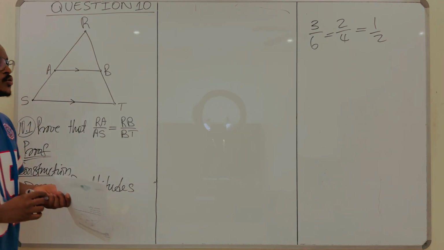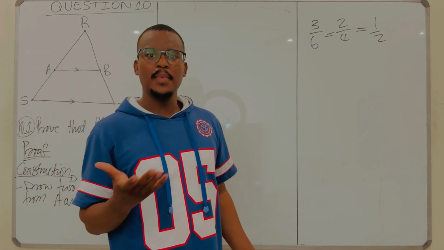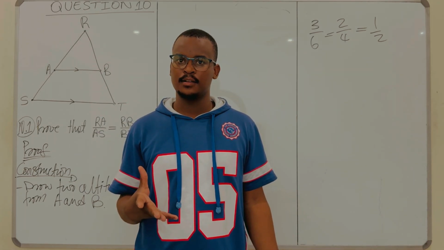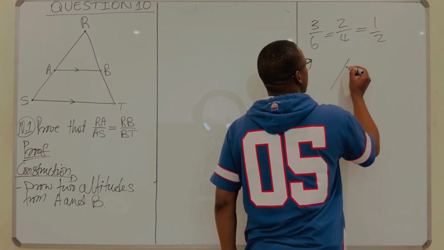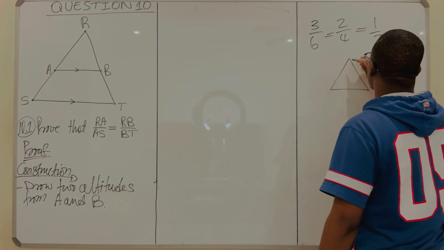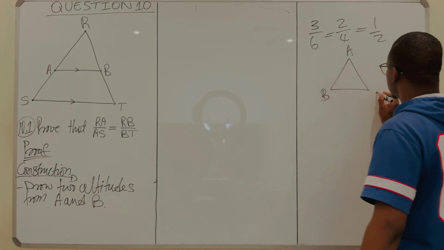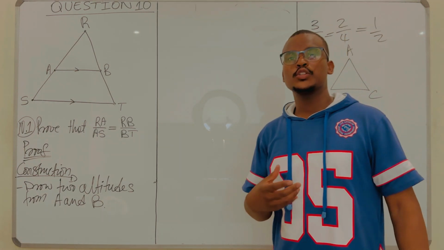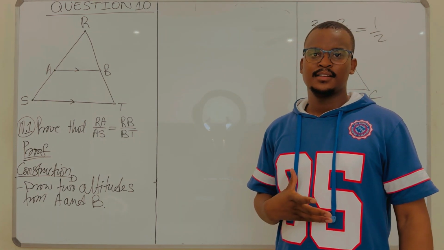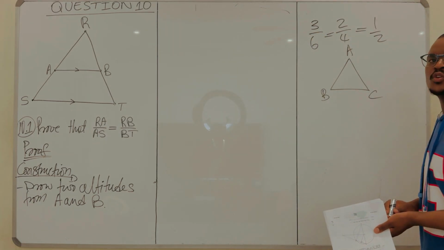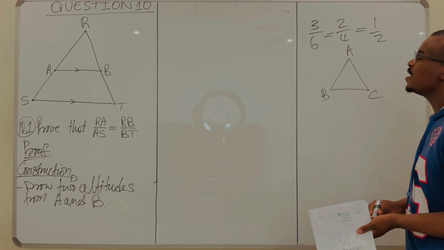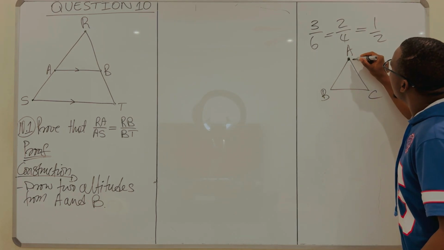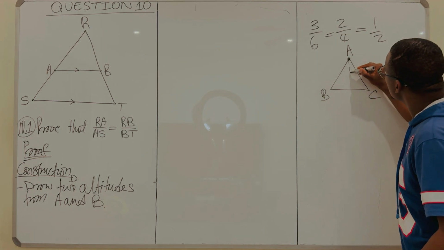What is an altitude? An altitude is what maybe by now you know as the perpendicular height of a triangle. So let's say you have a triangle here. I'm going to call it triangle ABC. So an altitude from A is a perpendicular height or length from A to the opposite side.